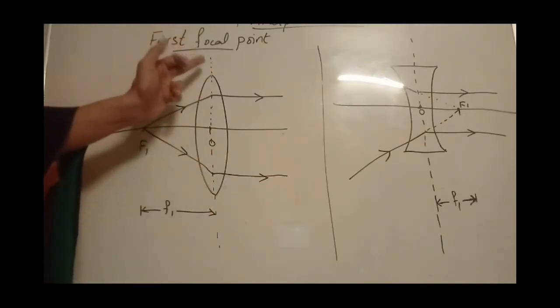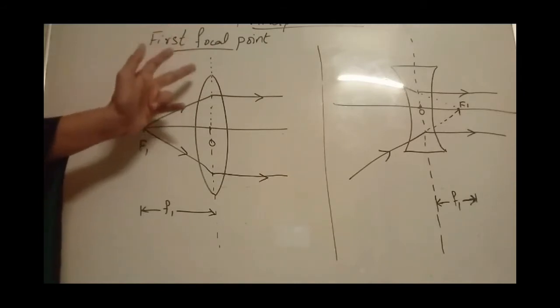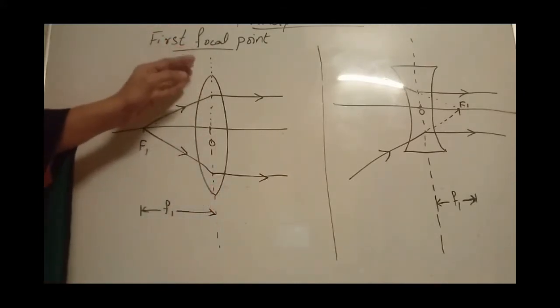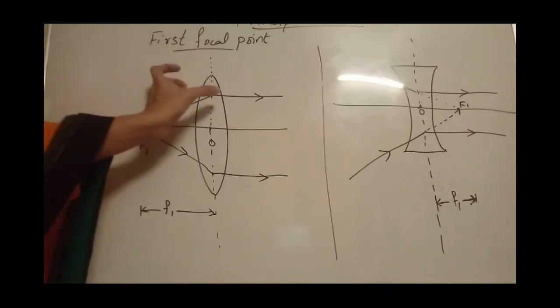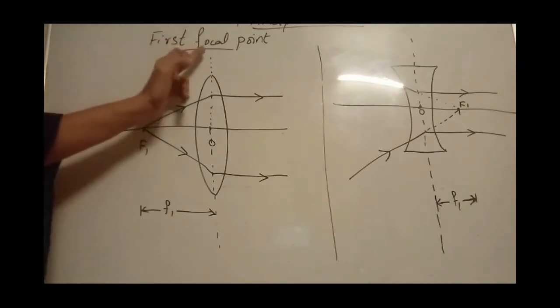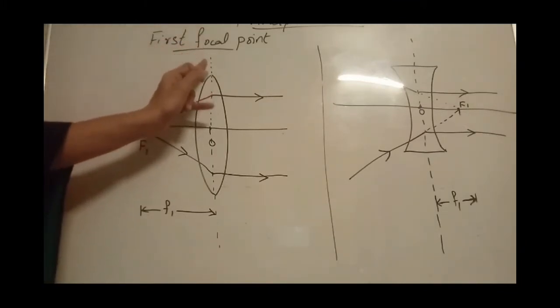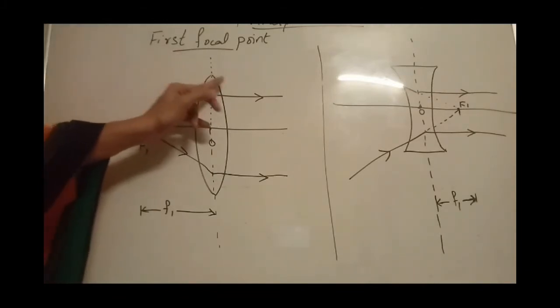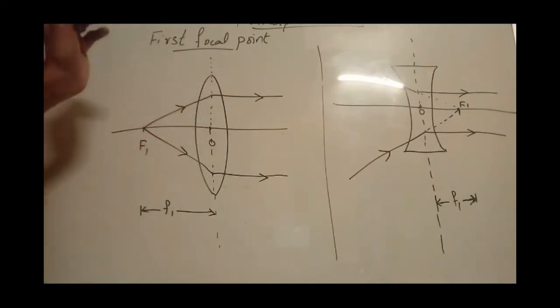We consider that the refraction is happening at that point. Because we are taking a thin lens, the thickness of the lens is not considered, and we simply assume that the refraction is happening at this reference line rather than at the two surfaces. It is just for simplifying the ray diagram.